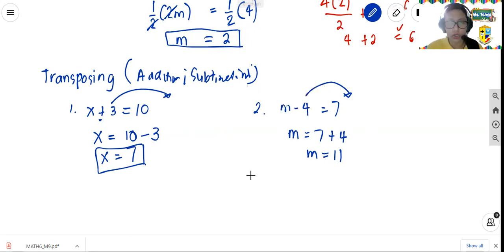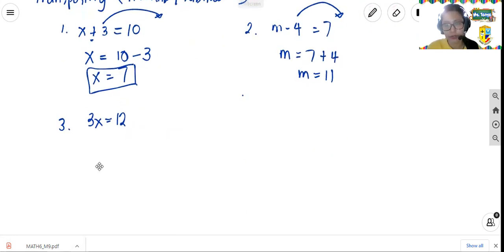Okay, so how about if it's a multiplication? What can we do? Let's try the number 3 example, we have 3x equals 12. How do we get rid of the 3 in 3x?